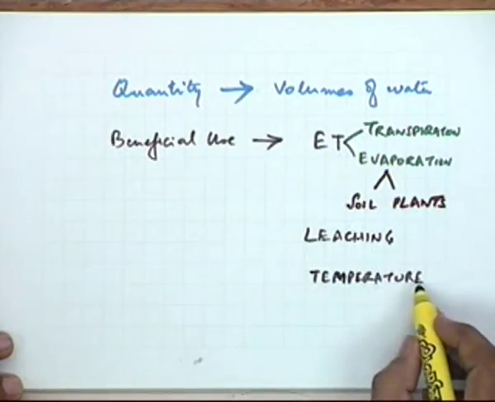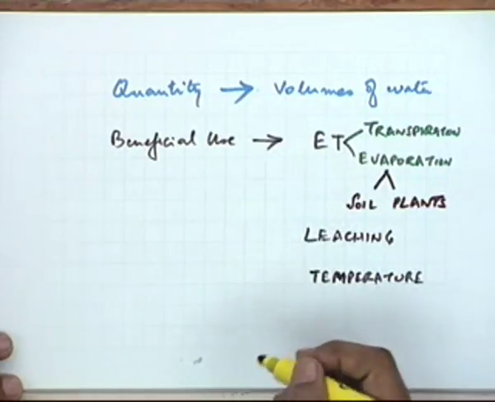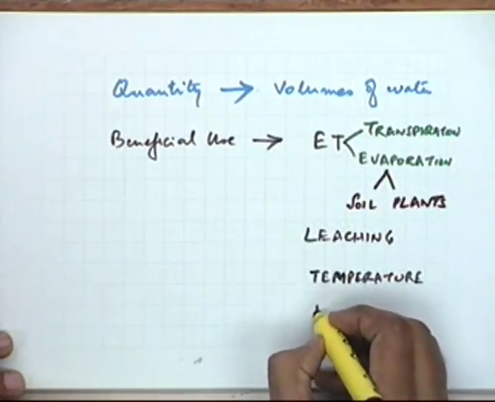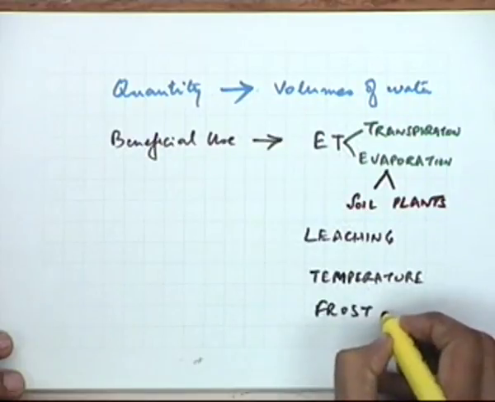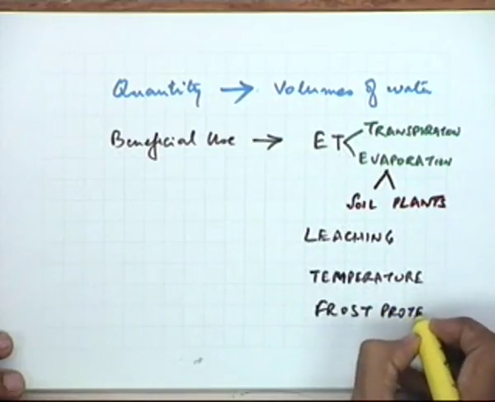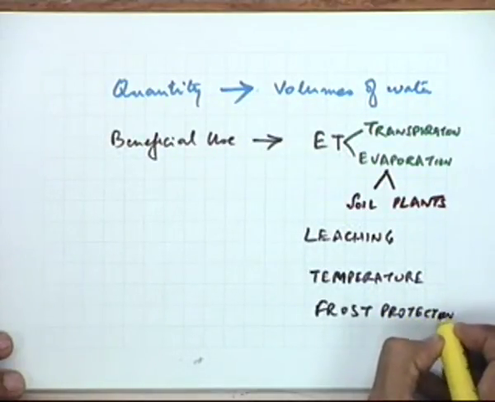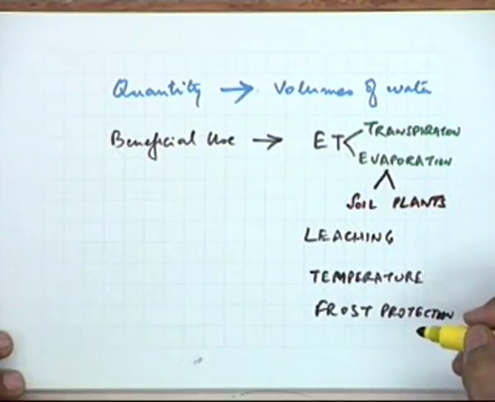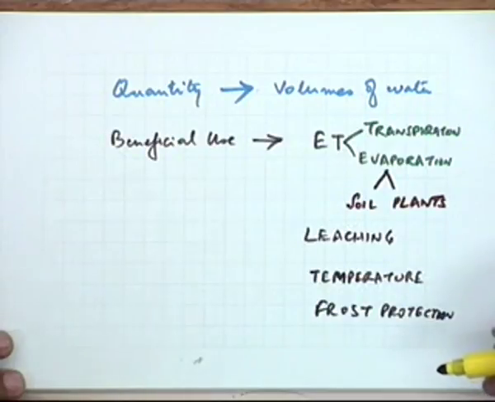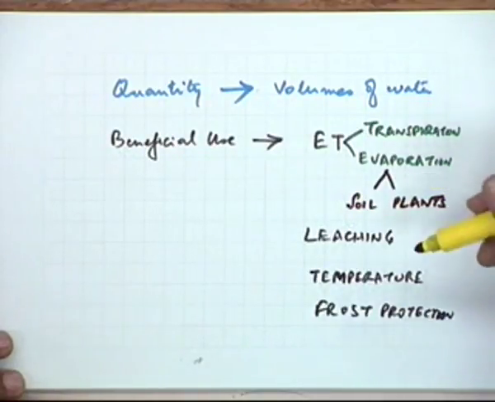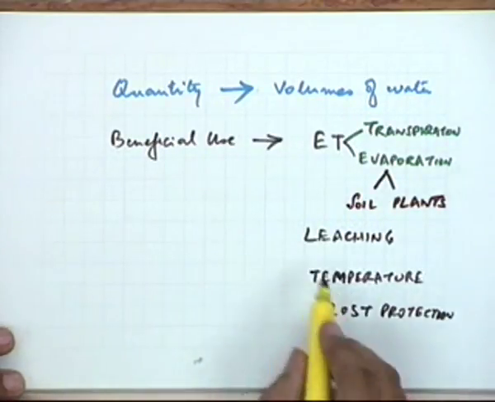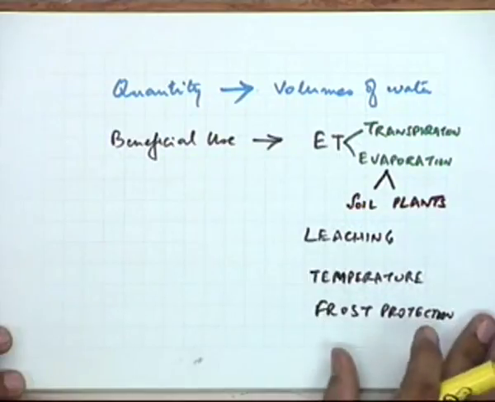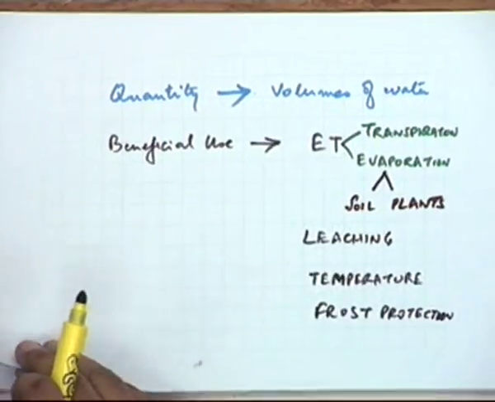So, for temperature control, similarly for frost protection, if the area has a frost problem, then again you might be using some water to avoid the frost, because frost can be detrimental to crop production. In that situation, all these things are part of the beneficial usage.